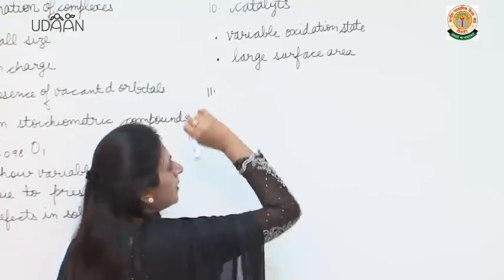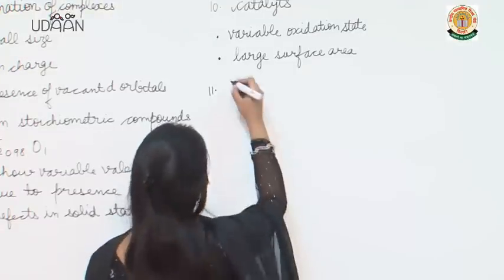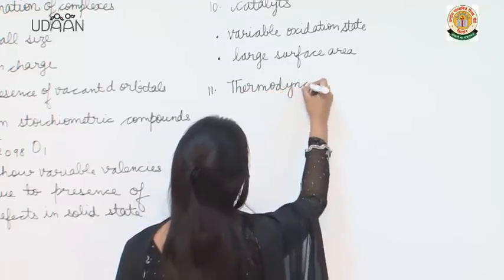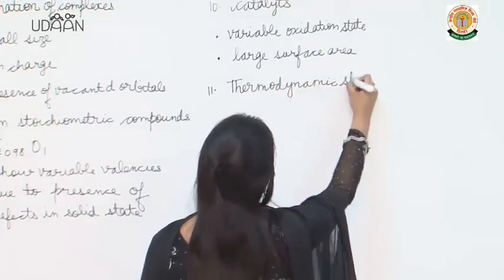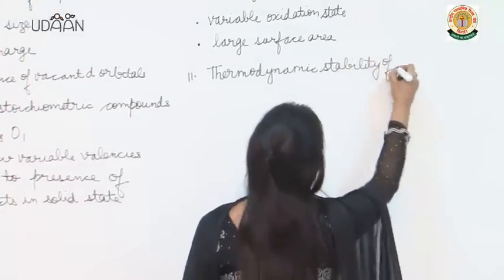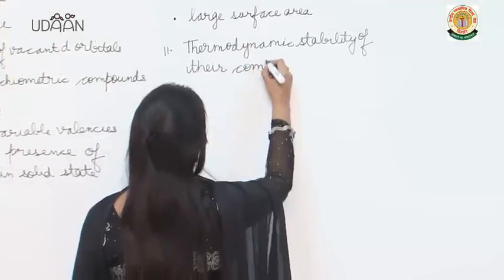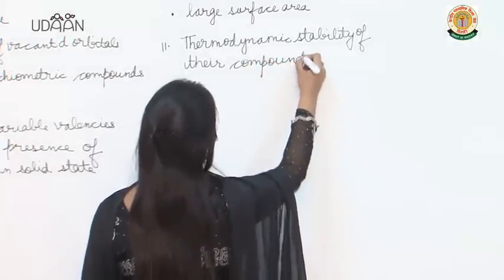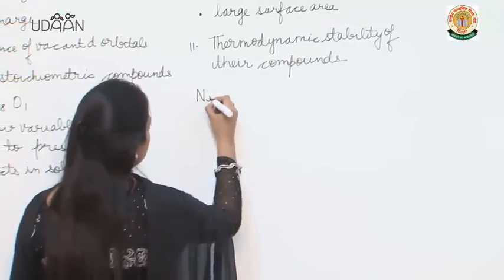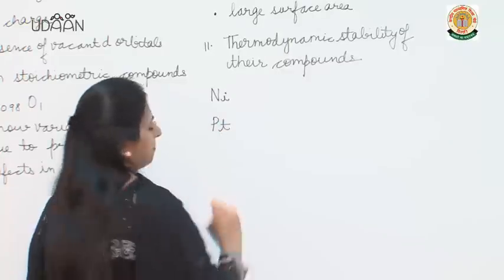Now next important point for transition elements is, let us discuss about the thermodynamic stability of their compounds. Now let us talk about nickel and let us talk about platinum.